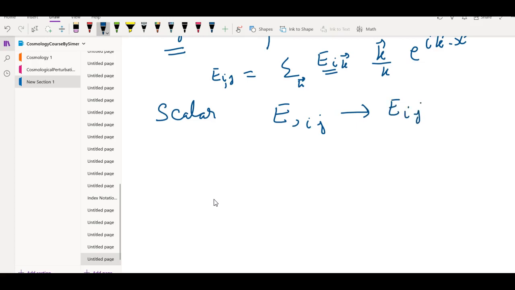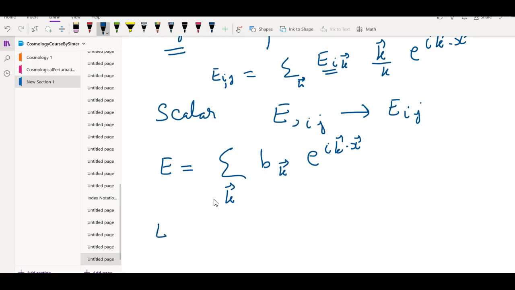So I need to differentiate E twice to get the same dimension as Eij. So let me write this scalar E as, and if you are not sure what factor, k square, we should bring, you can first write it like this, and then you differentiate this twice.